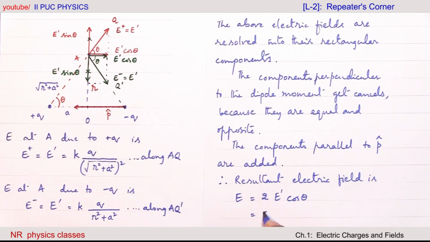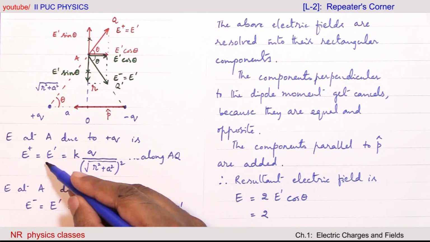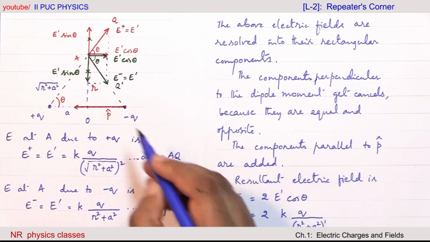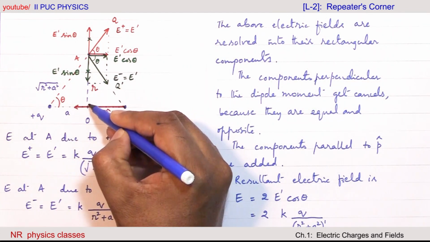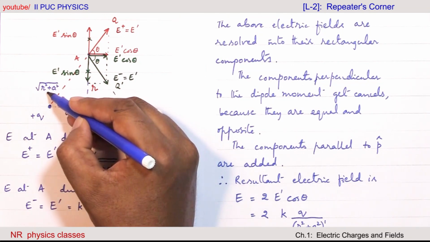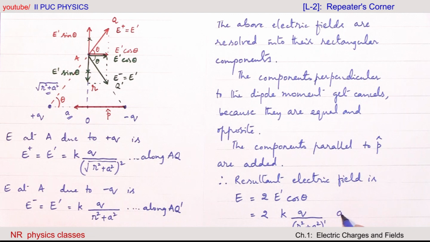Sum of these two equal to 2 E dash, which is constant Q by r square plus a square whole power 1, into cos theta. Consider this triangle. Cos theta is adjacent side a by hypotenuse, a by root of r square plus a square, root means power half.